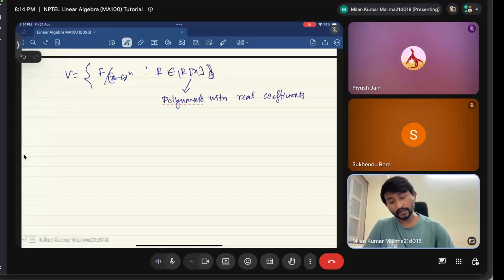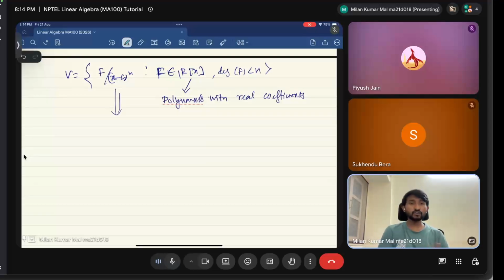Okay, so here it is taken that f is an element coming from R[x] and the degree of f is less than n. So this type of expression, where you are taking the ratio of two polynomials, is an element inside R(x). First of all, understand the difference of the notation.